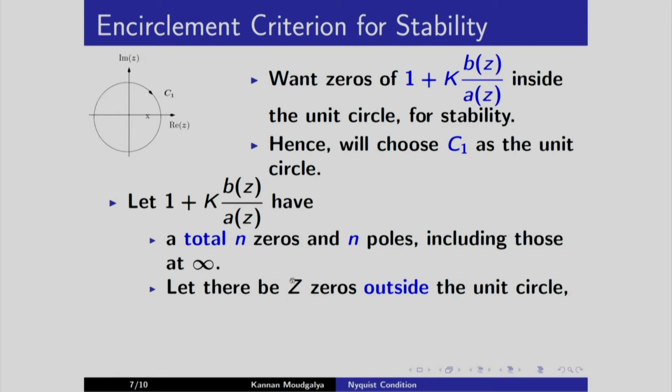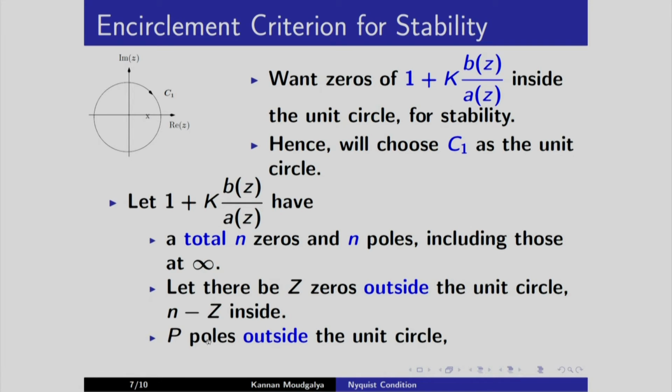You have to remember this capital Z is the number of zeros outside the unit circle, and hence n minus Z will be inside because there is a total of n zeros that this factor has. Similarly, let this factor have P poles outside the unit circle, and hence n minus P inside. For stability, we would want capital Z equals 0.